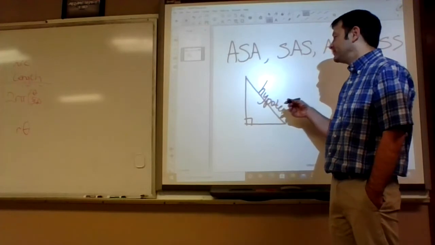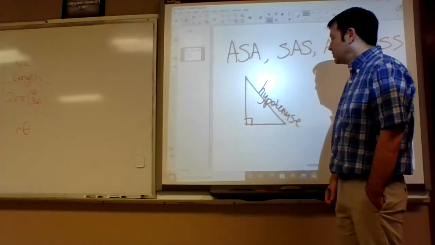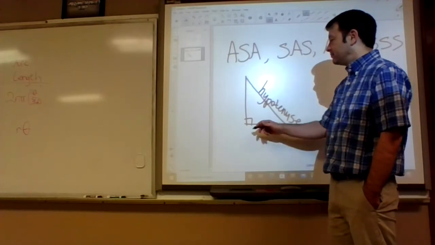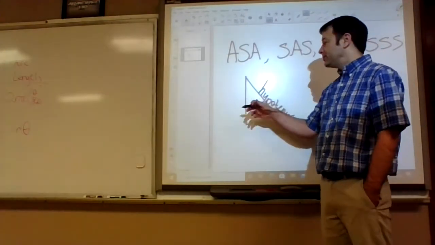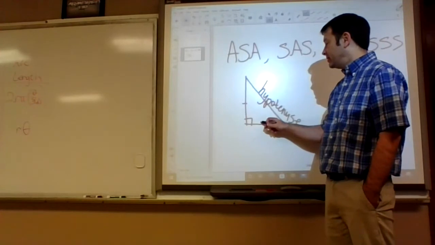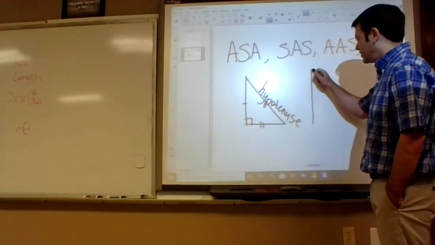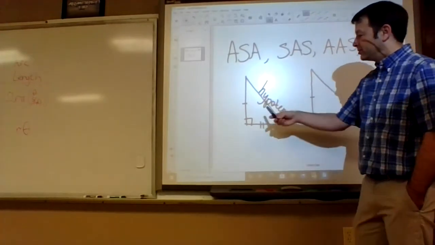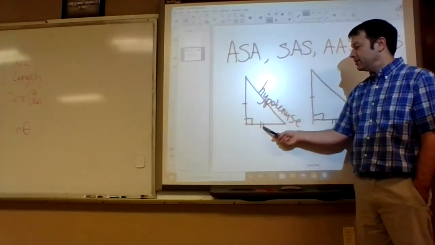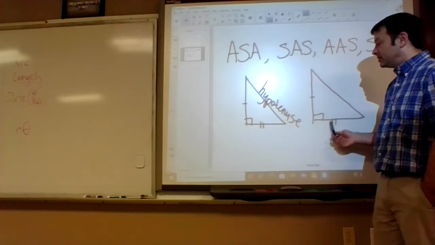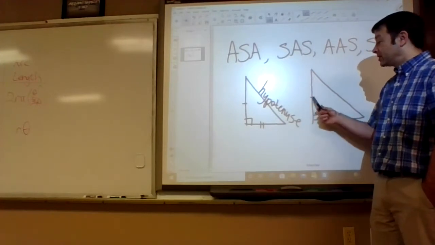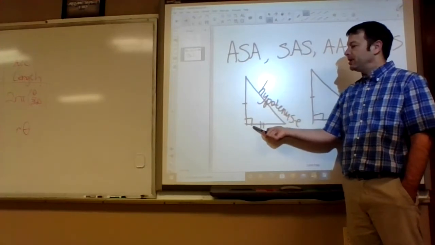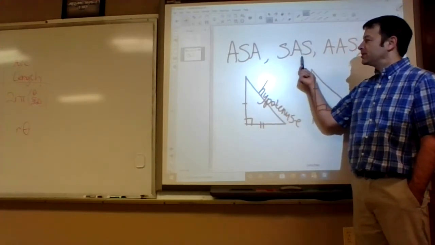Sometimes they say that if it's a right triangle, leg is going to work, but I don't really want us to call it leg, because what did we learn that would work for this already? Side, angle, side. The book was going to say leg, but I want us to stick with side, angle, side.